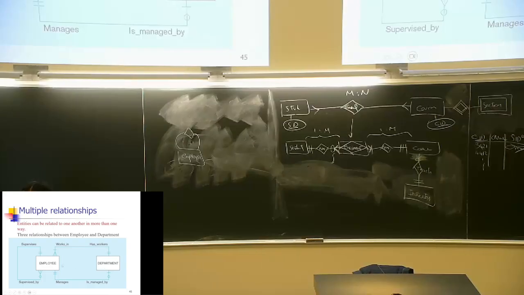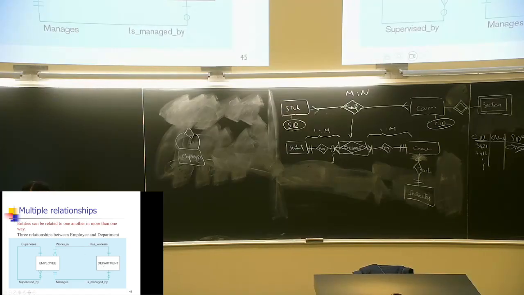This is because in this example, employees have different roles, right? Some of them are managers, leaders, etc. So, for example, one relationship between employee and department is that each employee can work in one department. Each department can have one or more employees, right?